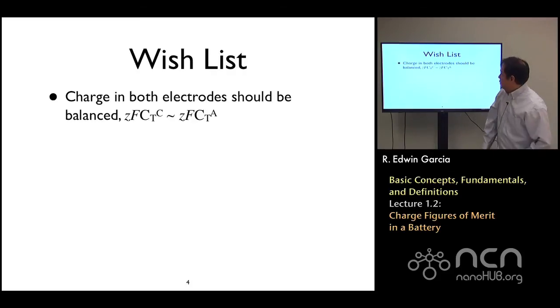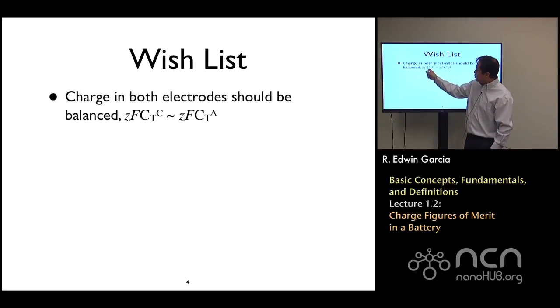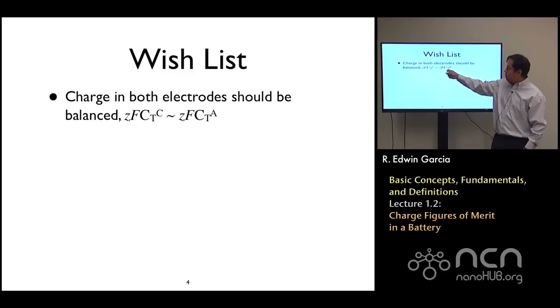Effectively, we would like both materials, ideally, to have balanced charge, assuming their volumes are the same, right? Basically, we want the solubility limit times ZF of the cathode to be balanced by the solubility limit of the anode.